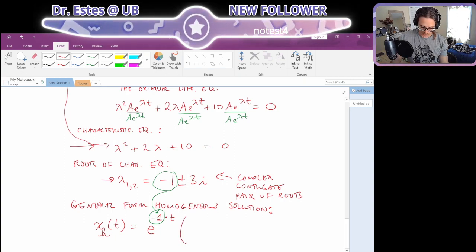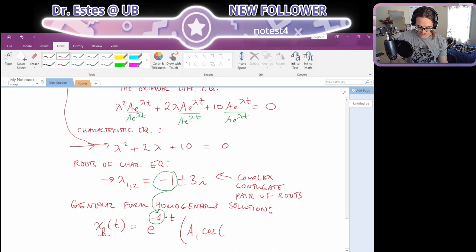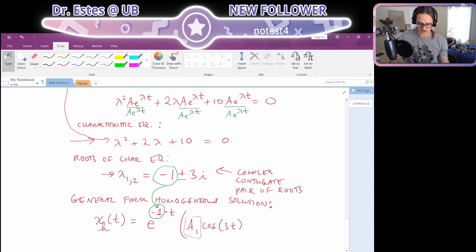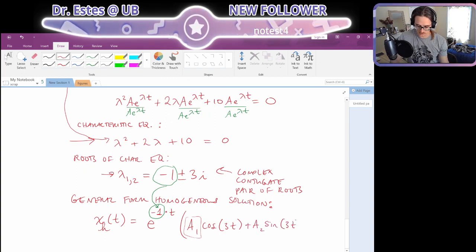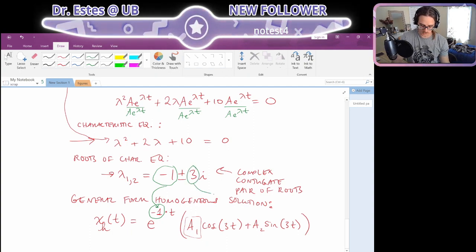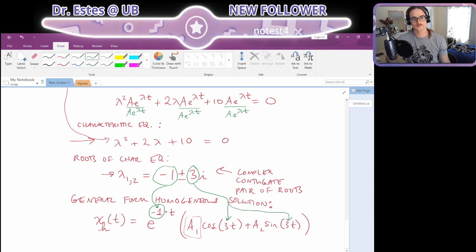And then we multiply that by a1 cosine 3t, or you can just call this coefficient out in front, whatever you want. It's just a constant number, plus a2 sine 3t. And this 3 is coming from, you guessed it, the imaginary part. So that's your general form.